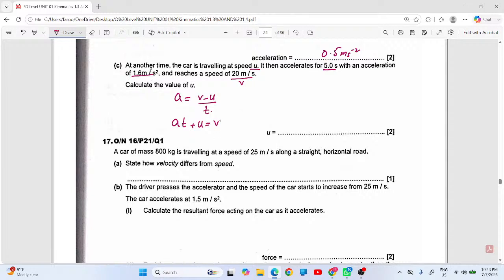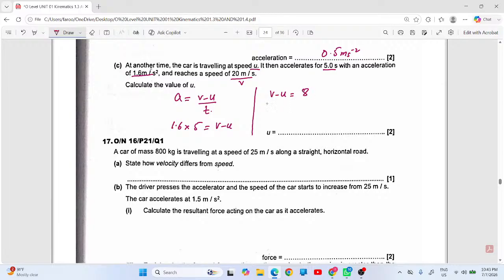We have to find u. A is the acceleration, 1.6, multiplied by the time, which is 5. 1.6 times 5 comes to 8.